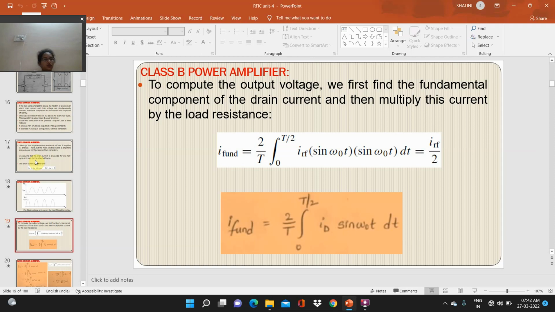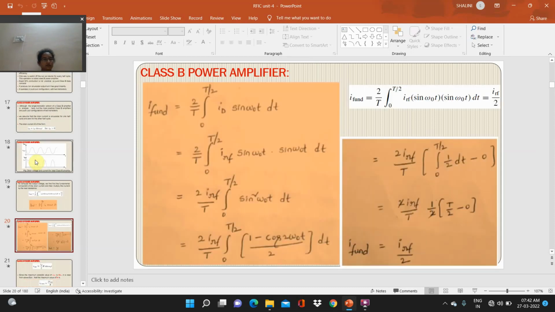I fund is equal to 2 by T integral of 0 to T by 2 of ID sin omega naught t dt, which equals 2 by T integral of 0 to T by 2 of IRF sin omega naught t into sin omega naught t dt.